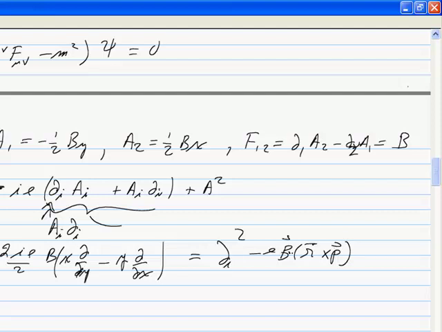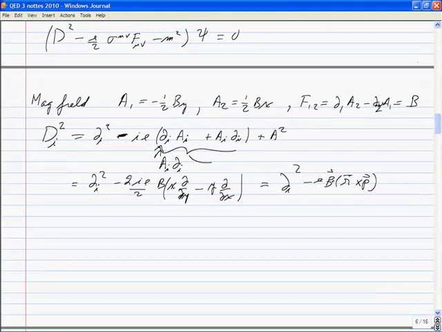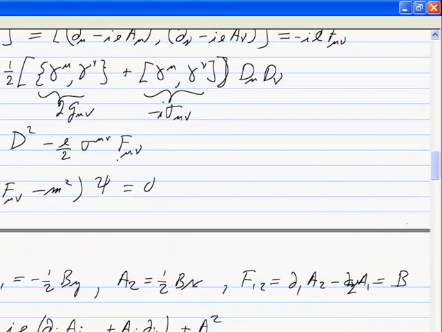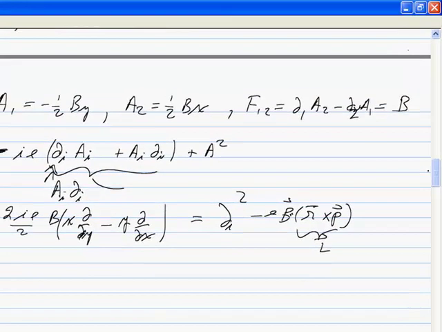Okay, if I look at it in general, it's E B dot R cross P. So there's a piece here which goes like the angular momentum. On the other side, there's going to be a piece that goes like the spin, and here's how you get that guy.